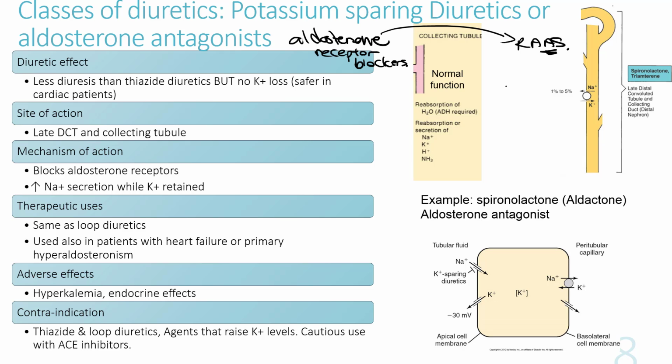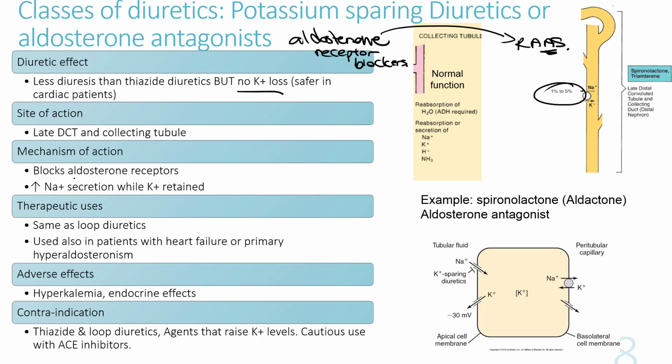The receptors for aldosterone are found in the late distal convoluted tubule and in the collecting duct, right? So this is what happens. The diuretic effect is less than thiazide diuretics, but there's no loss of potassium. So it's safer to use with cardiac patients, not only people with high blood pressure, but also people that have cardiac issues.